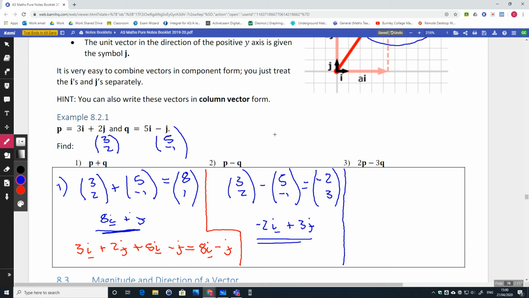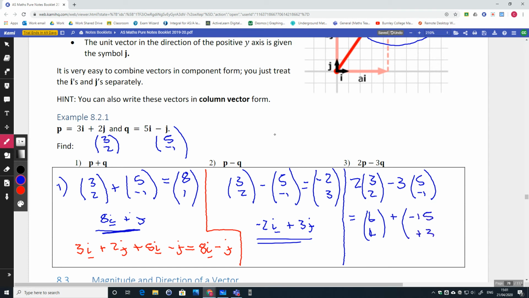Now, this here is being multiplied by a scalar, so we've got 2p. So when we multiply, that 2 needs to multiply both terms within the vector. So this would look like (6, 4). And then if I take the minus sign in, we've got minus 15.